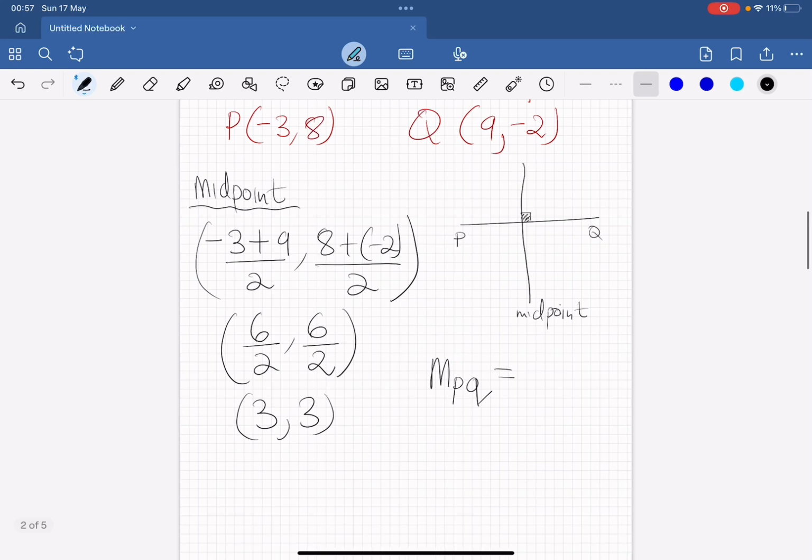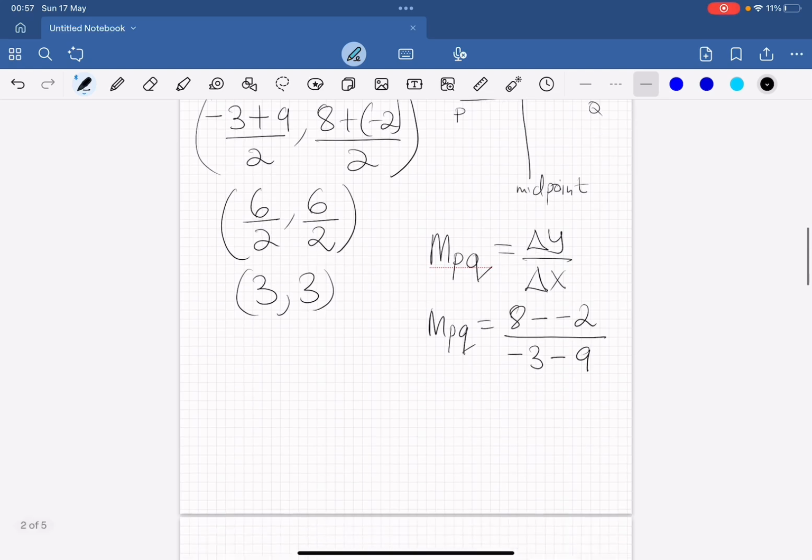Now, in order to get the gradient, you need to say change in y over change in x, which means that the gradient of PQ is (y2 minus -2), and then (-3 minus 9), which basically gives us 10 over -12. Hence, our gradient is -5 over 6.